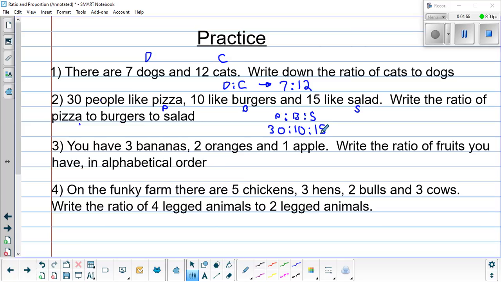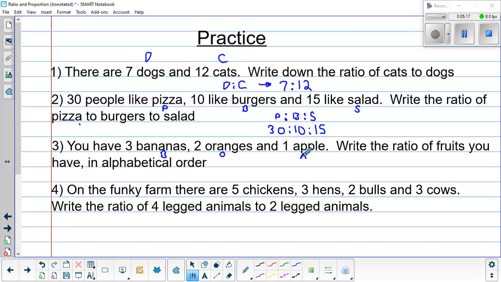Next one, we have 3 bananas, 2 oranges, 1 apple. What is the ratio of fruits you have in alphabetical order? I alluded to this in the last one. So here, B, O, and A. What's this asking? The order?